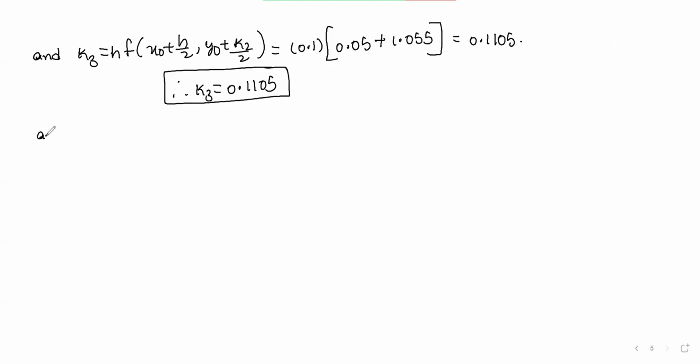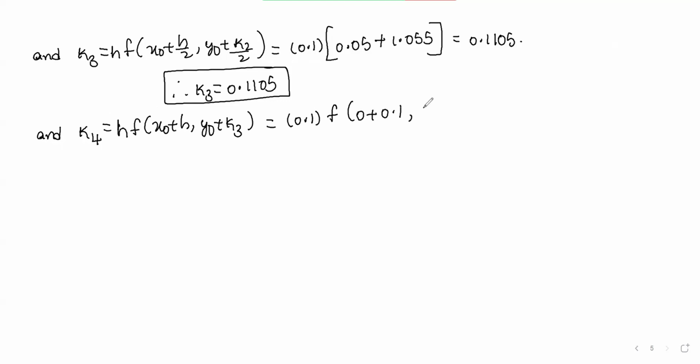Substitute the values. And K4 is equal to, formula h into f of x naught plus h comma y naught plus K3, that is equal to 0.1 into f of x naught at 0 plus 0.1 comma y naught at 1 plus 0.1105.